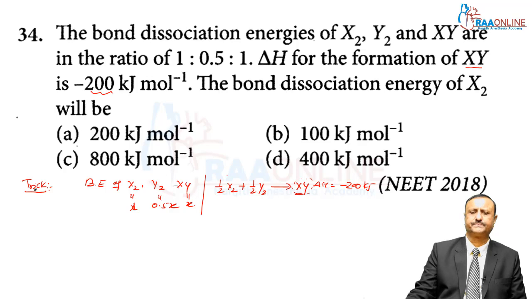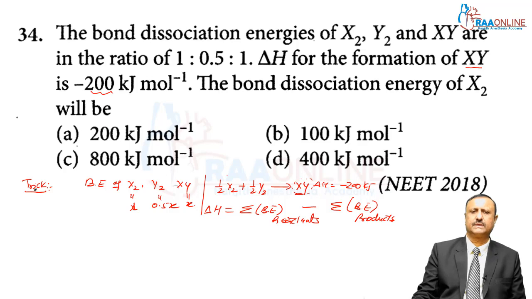Now you can see what the value of delta H is. Delta H is the summation of bond enthalpy of the reactants, this is the formula, minus summation of bond enthalpy of the products. So you can see the reactants and products, and we can put in the values.